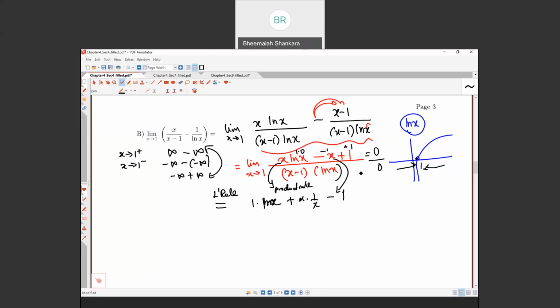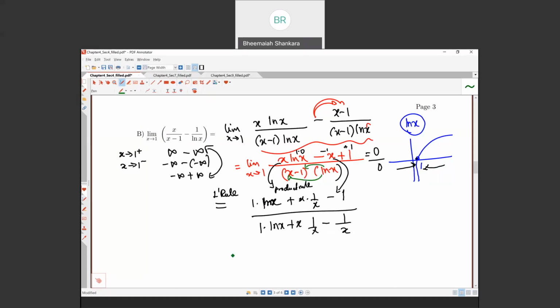Differentiate 1, it's 0, so don't write it. Similarly, in the denominator, you want to differentiate: it's 1 times ln x plus x times 1 over x, negative 1 over x. You might want to multiply out this ln x for each term, x and then 1, before you do the product rule for the denominator.